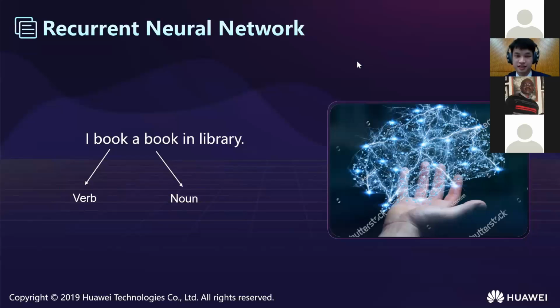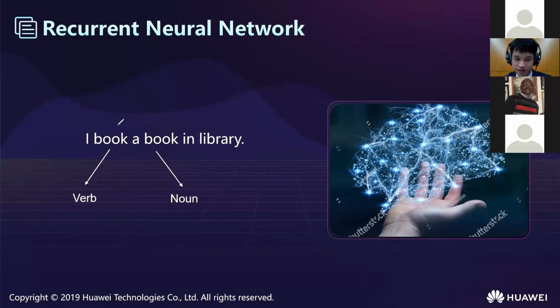Yes. So if we input these two books into the convolutional neural network or the fully connected neural network, it will have the same output, right? It should. So how to output the verb and the noun? The answer may be different.